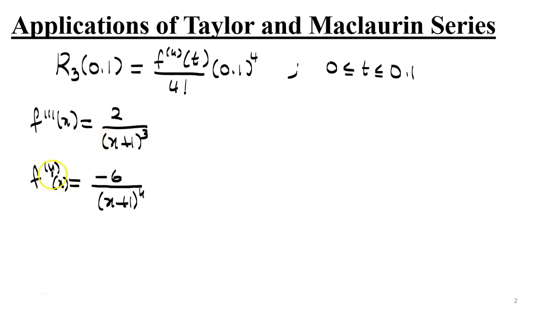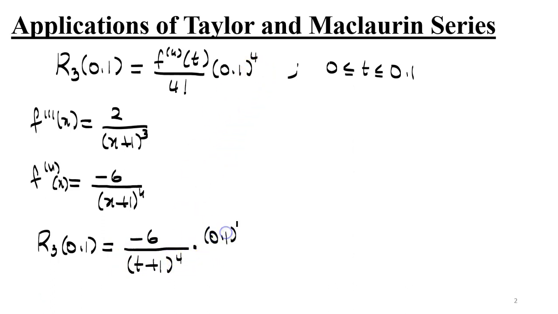Okay, so R3 of 0.1 would actually be negative 6 over (t plus 1) to the 4 times 0.1 to the 4 divided by 4 factorial.